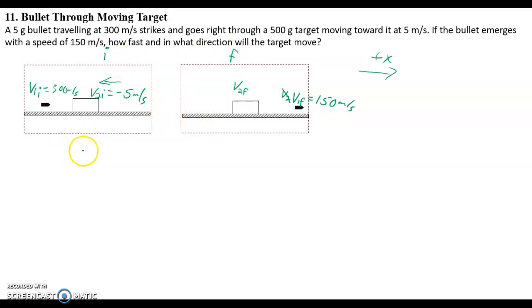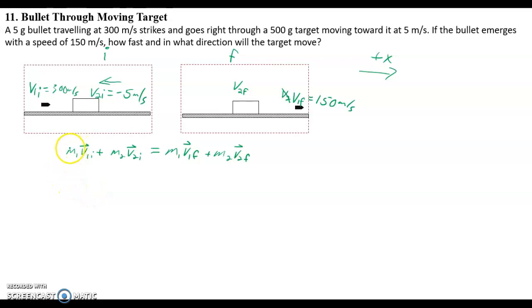So we don't really know the direction, but we can calculate and we'll find out whether that's a positive or a negative value. So M1 V1I plus M2 V2I equals M1 V1F plus M2 V2F. In other words, the initial momentum equals the final momentum. And we fill in values.